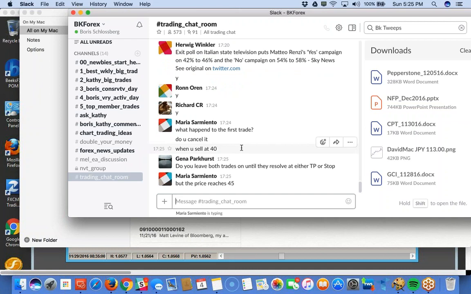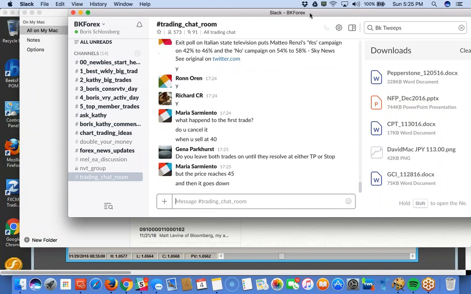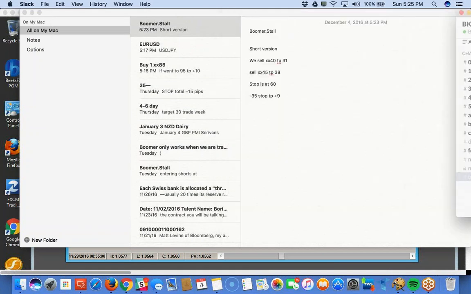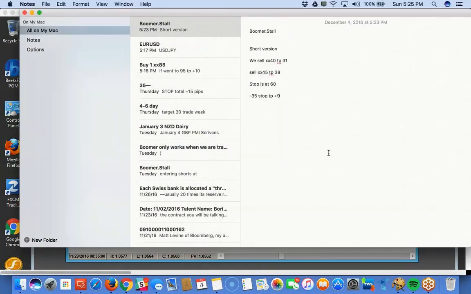Okay, so I think I understand the confusion. Let me clarify this very clearly. First we sell the 40, right? If price goes to 31, everything else gets canceled. The 45 offer is canceled automatically by our EA, right? Our strategy automatically cancels it.